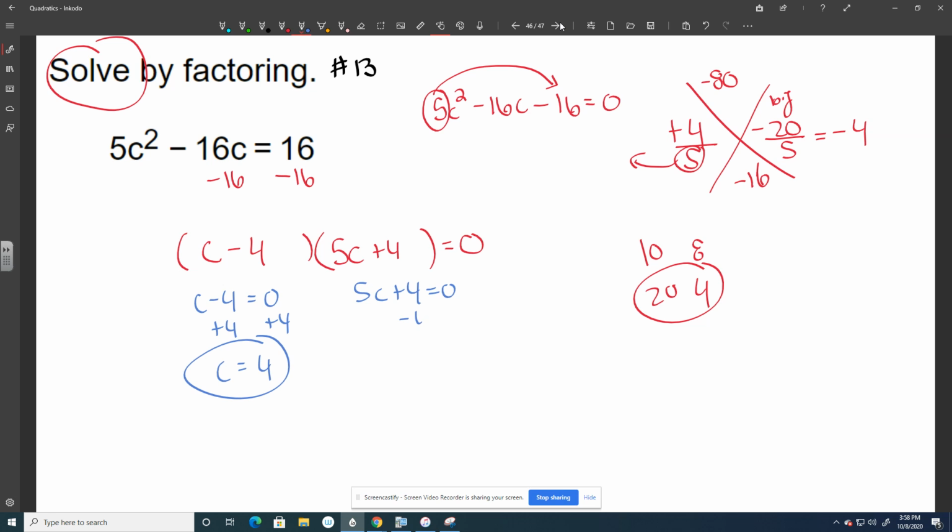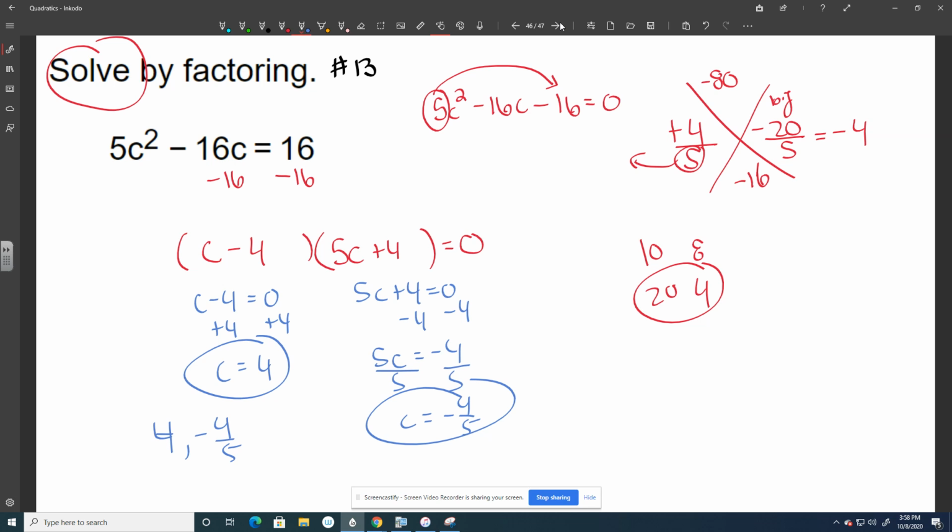And over here, when I minus 4, I get 5c equals -4, and I divide by 5, c equals -4/5. So those would be my solutions: 4, comma, -4/5 would be my solution set. So be careful that if it wants you to solve, we need to get all the way to the actual answer, not just the factors.